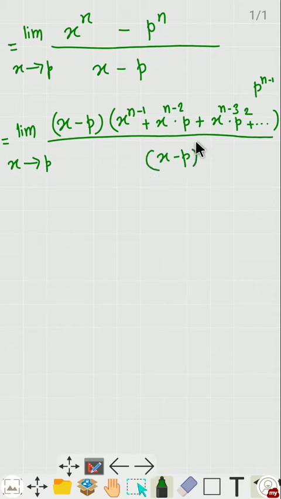So this factor x minus p will get cancelled with this x minus p.